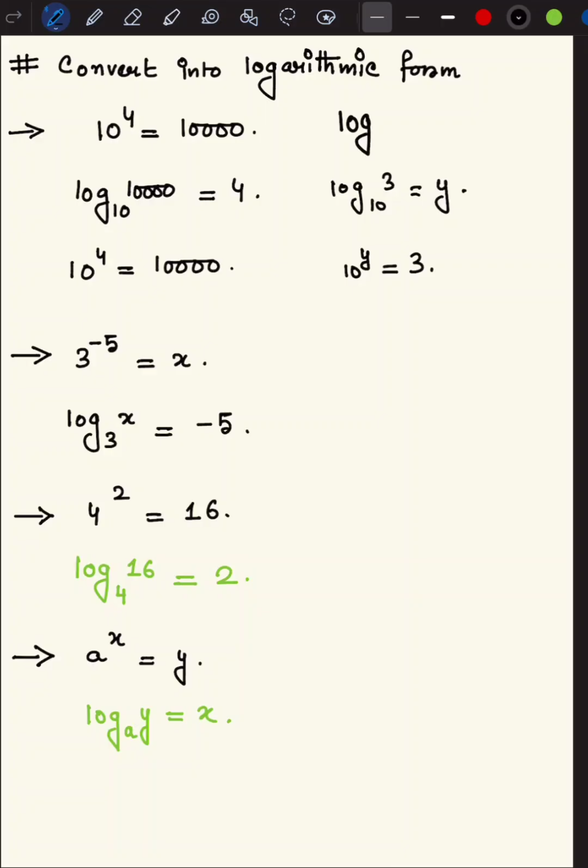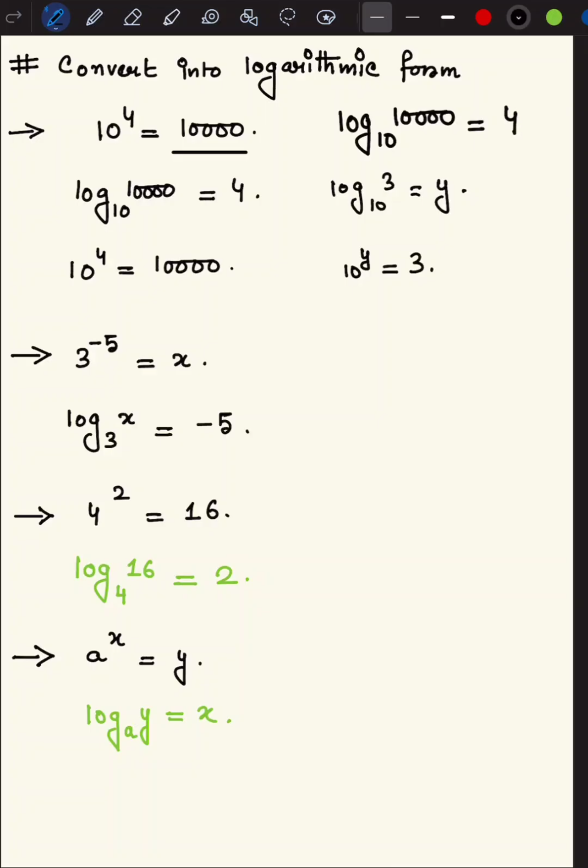First of all, understand this: the term that will be on the right of the equal sign, we write it first, log 10,000. Then the base of the exponent we write, and then the power of the exponent.